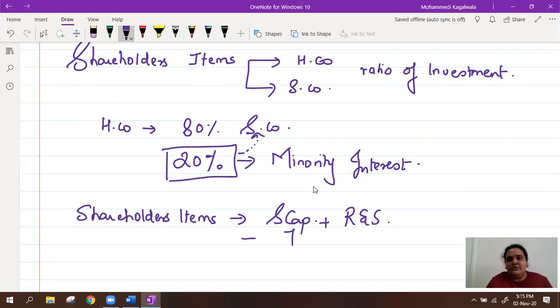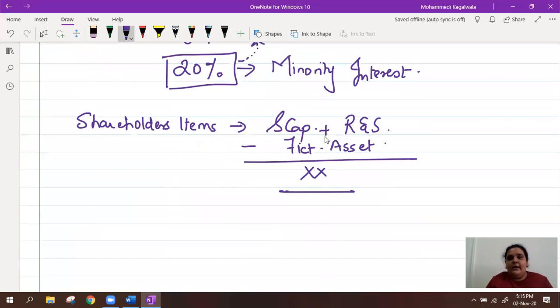Okay, so subtract fictitious asset, whatever is the amount that we will divide between the holding company and the minority interest.